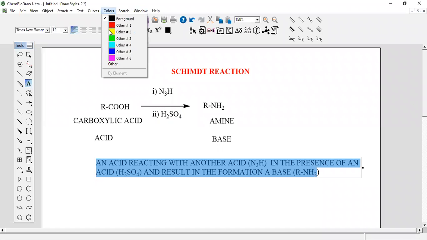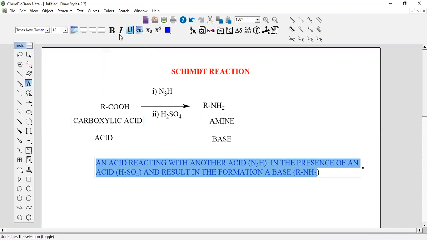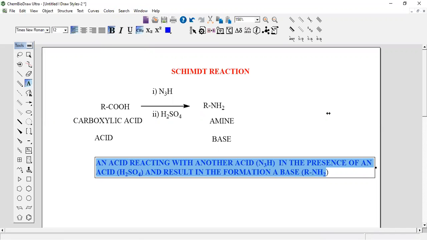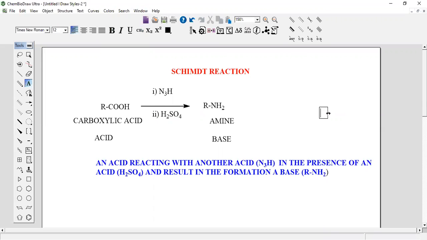This type of reaction you never see anywhere: an acid reacting with another acid in the presence of sulfuric acid to form a base.